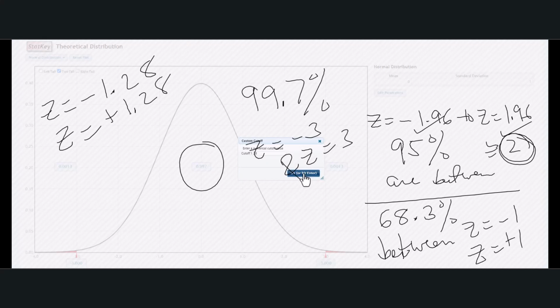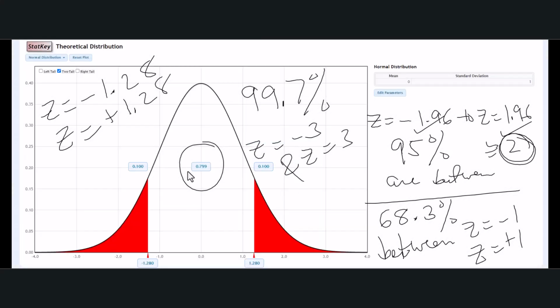Then you can see that 0.799, or about 79.9% of the area, is between these two values, and they will just change to those many standard deviations once you go towards general normal distributions.